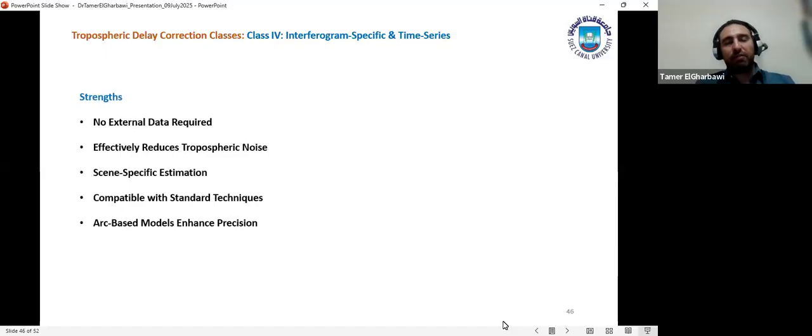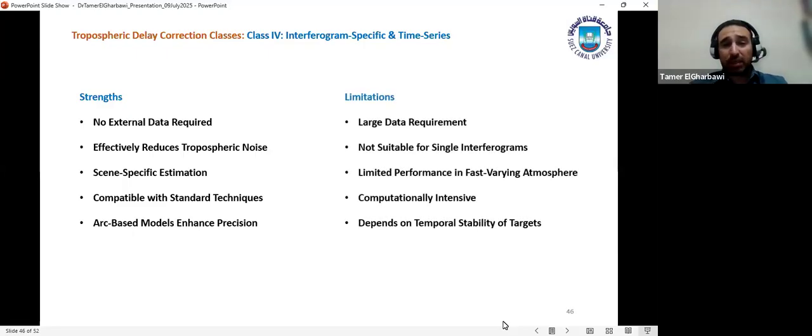So for this kind of time series analysis, we have many strengths. For instance, we do not need external data. It effectively reduces tropospheric noise, and it is scene specific, so it can be used for a single scene. It is compatible with standard technology, and the ARC-based model actually enhances it. One of the many limitations is that it has a large data requirement.